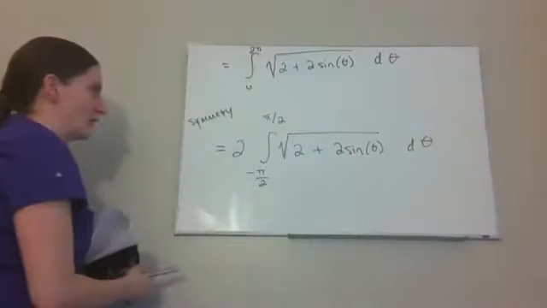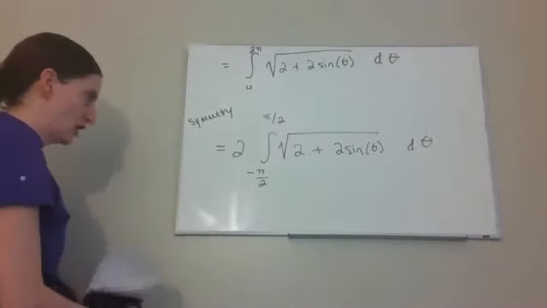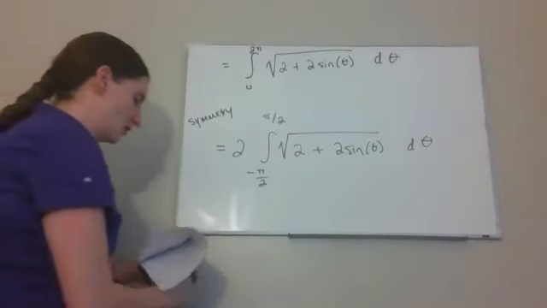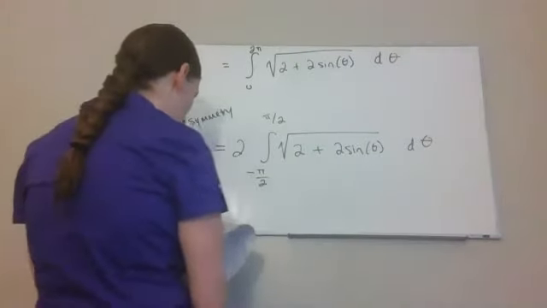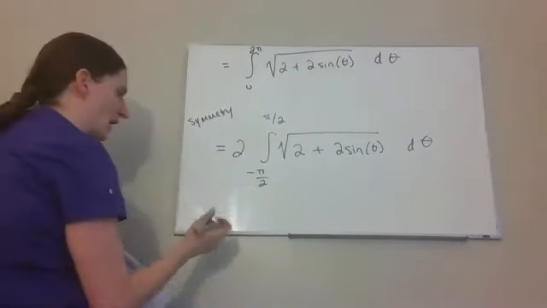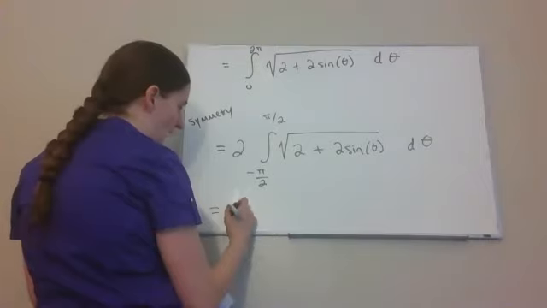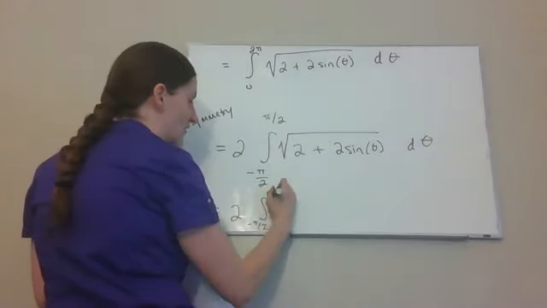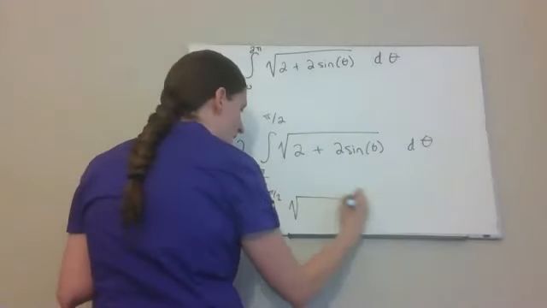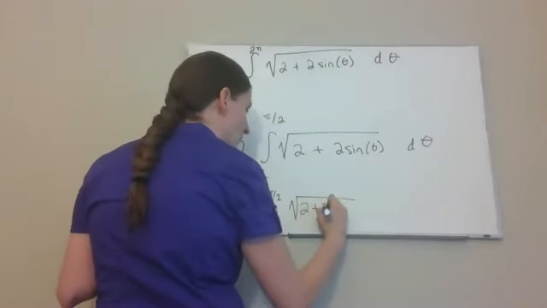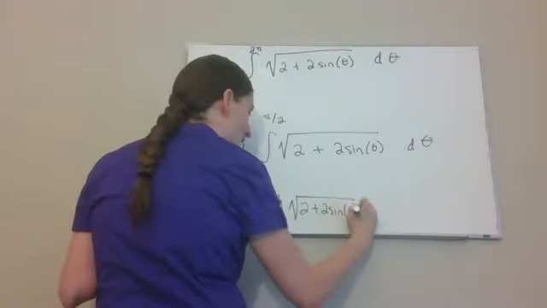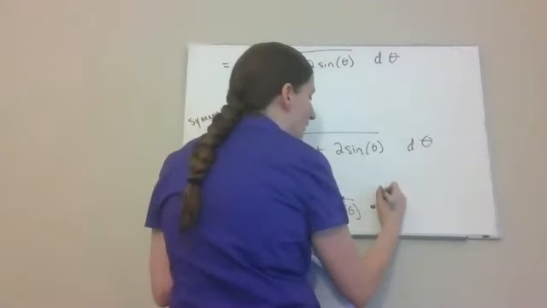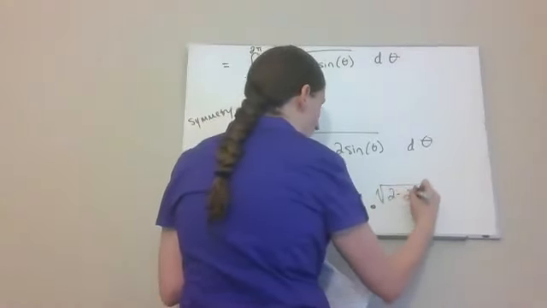So I still have to figure out how to do this integration. And to do that, I'm going to multiply in just a very interesting way. So I'm going to have 2 times my integral from negative pi over 2 to positive pi over 2 of the square root of 2 plus 2 sine of theta, and I'm going to multiply by 1 in an interesting way.